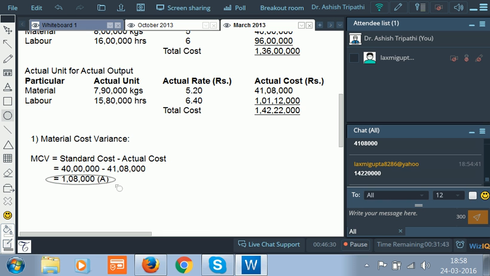Now let us circle this material cost variance. Now the second thing that we will have to calculate is material usage variance.